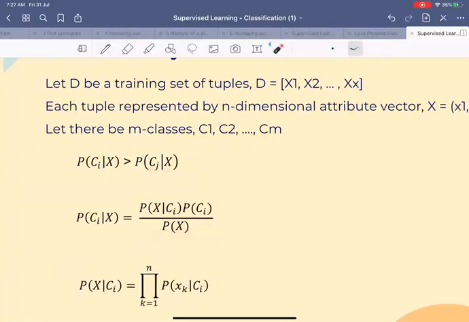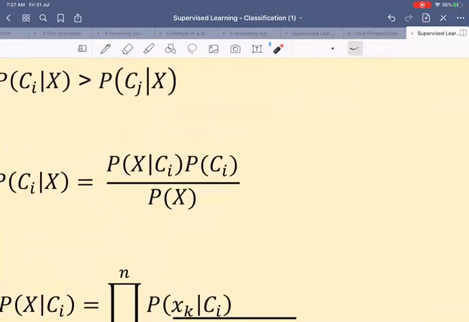It says: what is the probability of having a given feature given that we already know the class from the data? Let me read this again, this is very interesting. It is saying, what is the probability that we have a certain feature if we already know the class of the sample? That is multiplied by the probability of the class happening, divided by the probability of the sample happening.